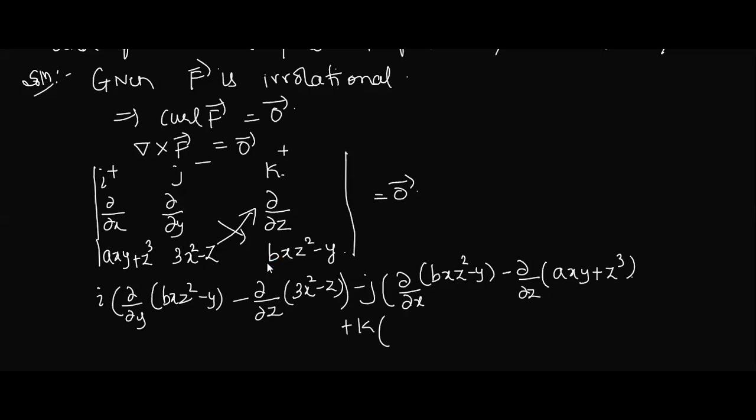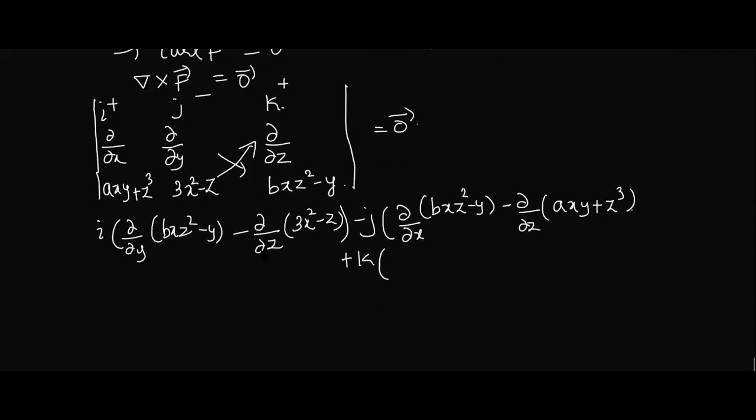Plus k into bracket. Dou by dou x operating on 3x square minus z, minus dou by dou y operating on ax y plus z cube.